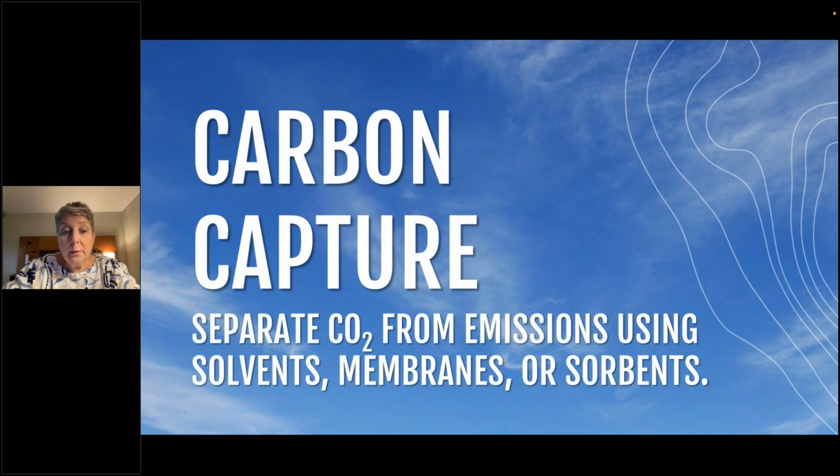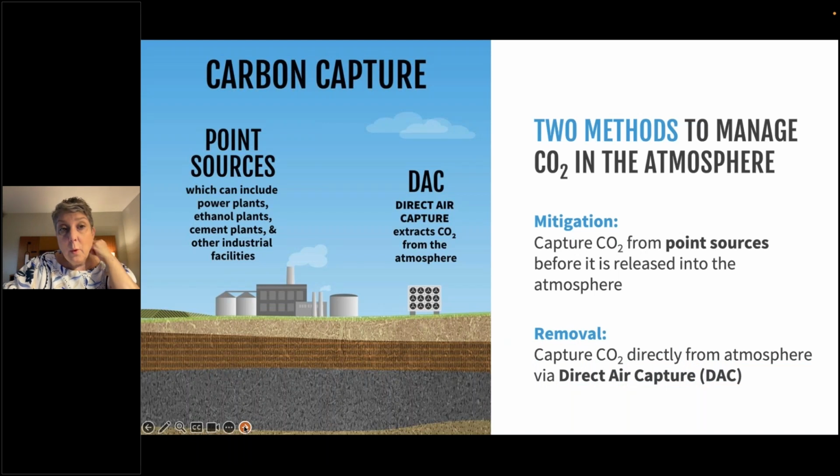In order to do carbon capture and storage, especially the storage end of things, you have to have pure carbon dioxide, so you want to separate it out from everything else in the emissions. There are two methods for capturing carbon dioxide, and one captures larger volumes than the other. A point source is a single source with a large concentration of carbon dioxide.